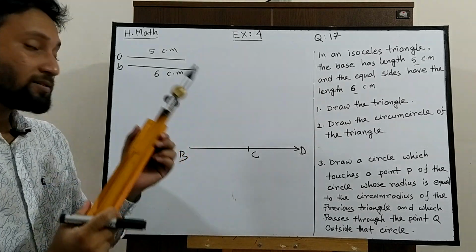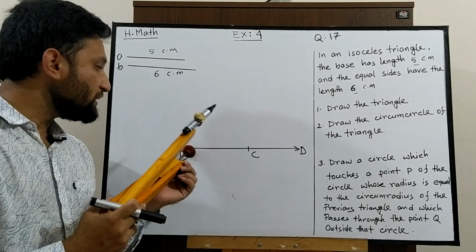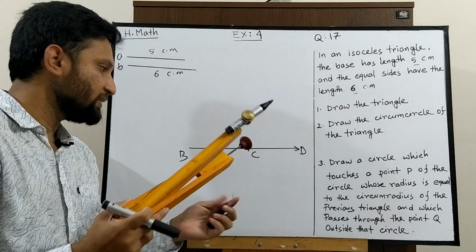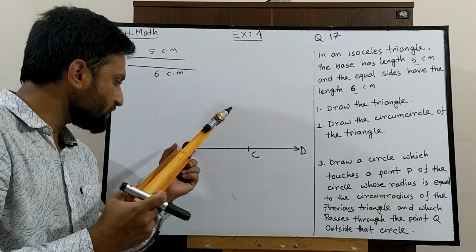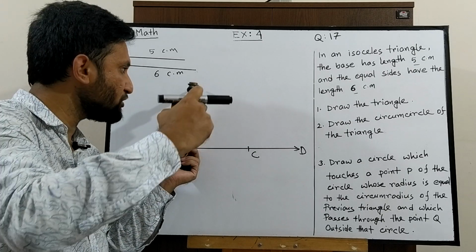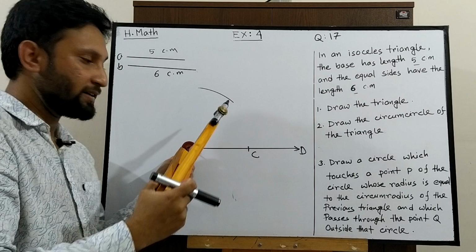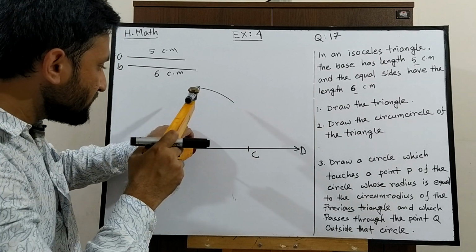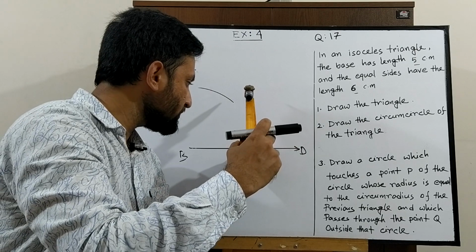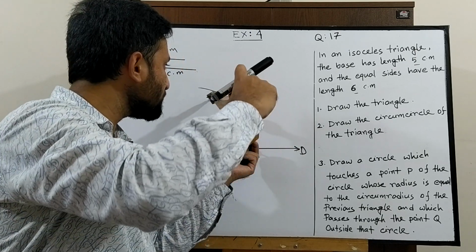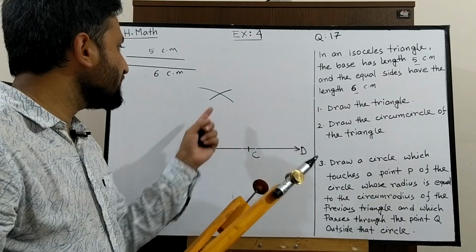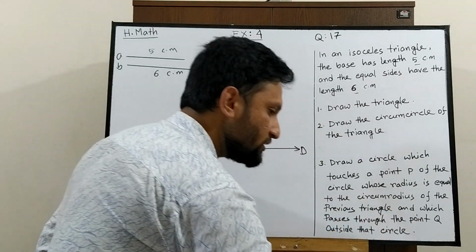Now set the compass on points B and C and draw arcs on the upper side of this line segment. At first set the compass on point B and draw an arc, and again set the compass on point C and draw another arc on the upper side. Here the two arcs intersect at a point.